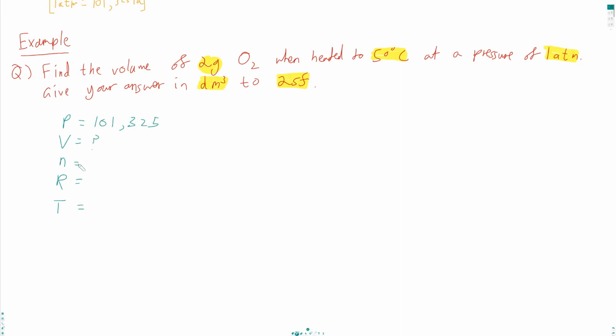Our n, we can calculate by using n equals small m over big Mr, which equals 2 grams over the Mr of oxygen, which is 32.